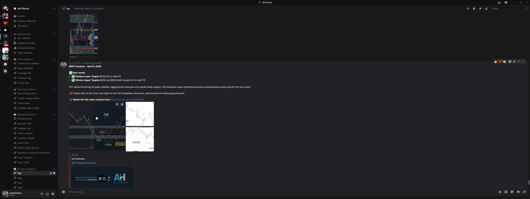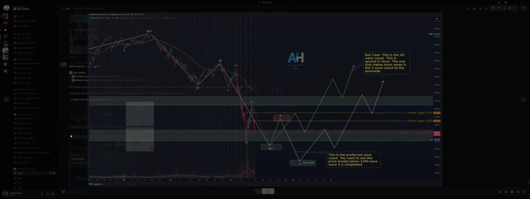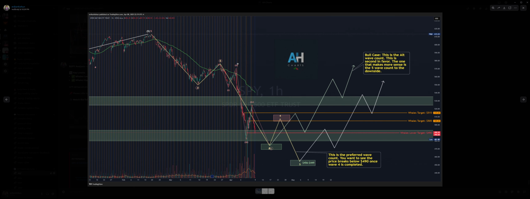So what I was looking at, there are two scenarios based on the data. We could either, which I put in a video over here, I talked about it, and I said we could either have an A, B, and the C, which was right here playing out, or somewhere here, not entirely sure. Or we can have a 1, 2, 3, 4, and the last drop before we find that bottom, and then we start moving up.